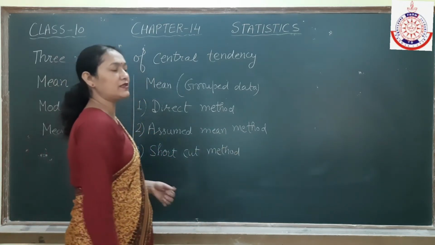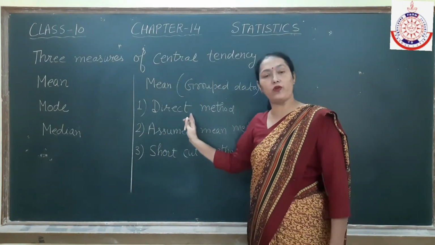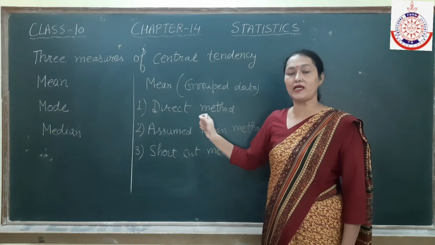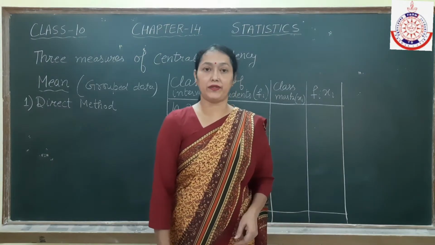So we'll be doing these methods one by one, and first of all I'll be telling you the formula for all these different methods, and then we'll be doing examples related to each method. So first of all, direct method.